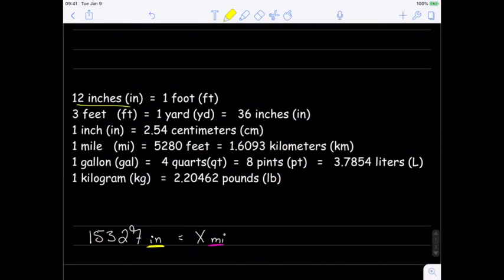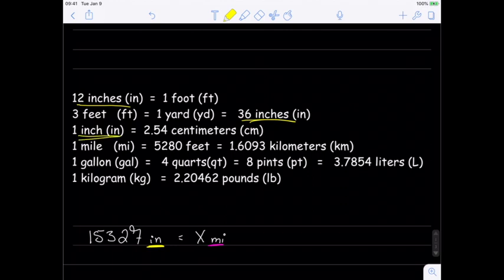We have 12 inches equals 1 foot, and 3 feet, 1 yard equals 36 inches, or 1 inch equals 2.54 centimeters. Okay, and then here's miles, which we can get to using feet. And we have feet here with our inches.